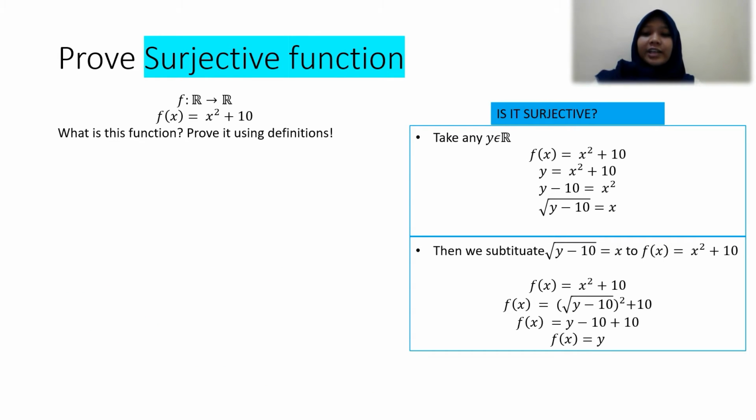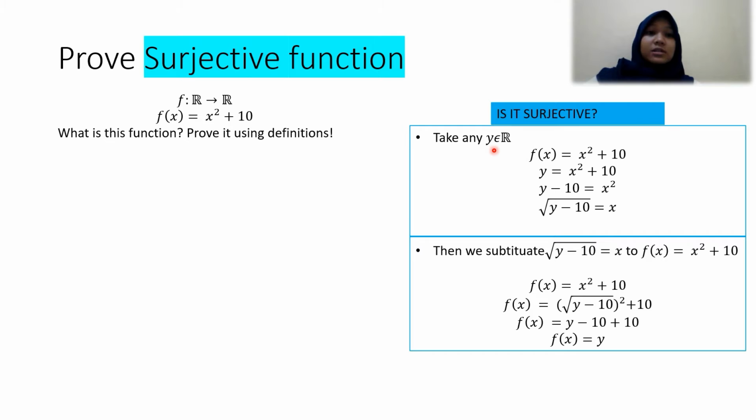Okay, already clear. Now we are trying with surjective function. And then take any y element of R. This is the step. First, we take any y element of R. So f(x) is equal to x squared plus 10.